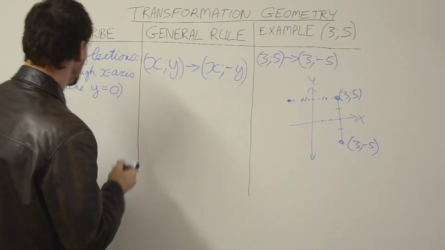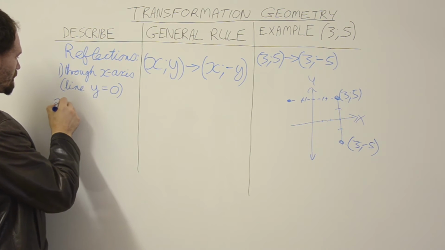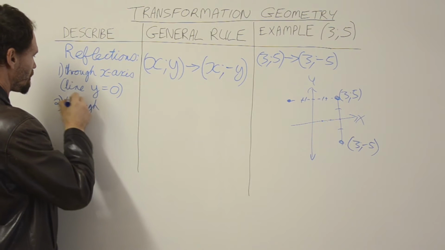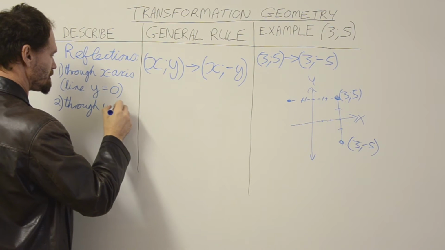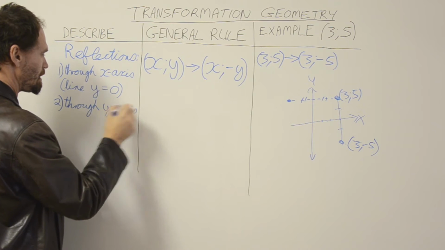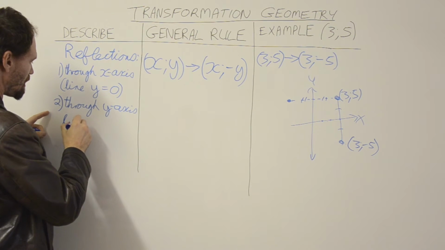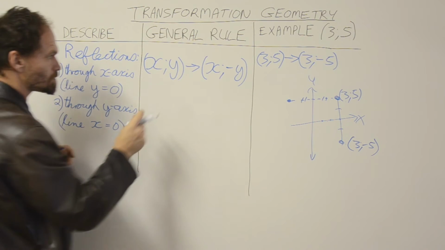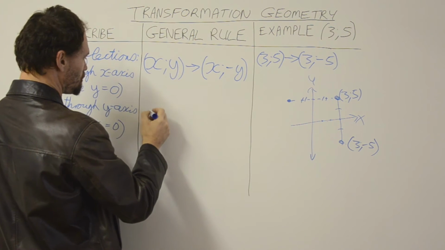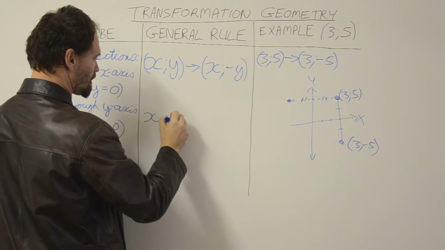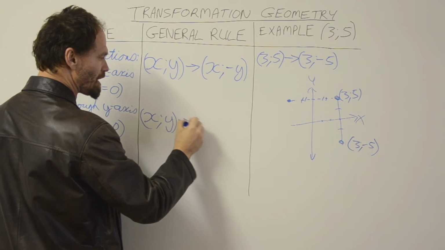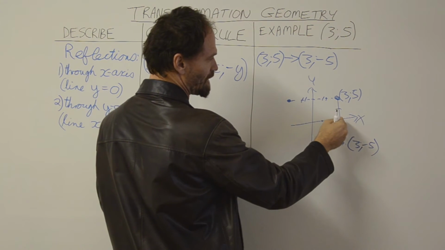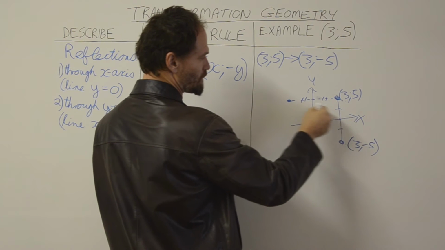Now let's do the second one. Second one for that is through y-axis. And again, the y-axis has another name. We call it the line where x is equal to 0. So what happens to my point x, y? Some of you can probably already guess. When I go across this way, my x value changes from positive side to negative side.